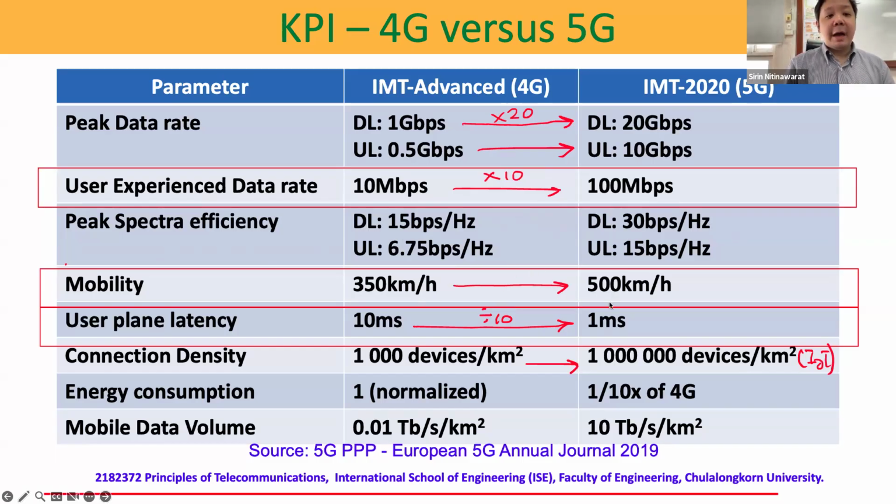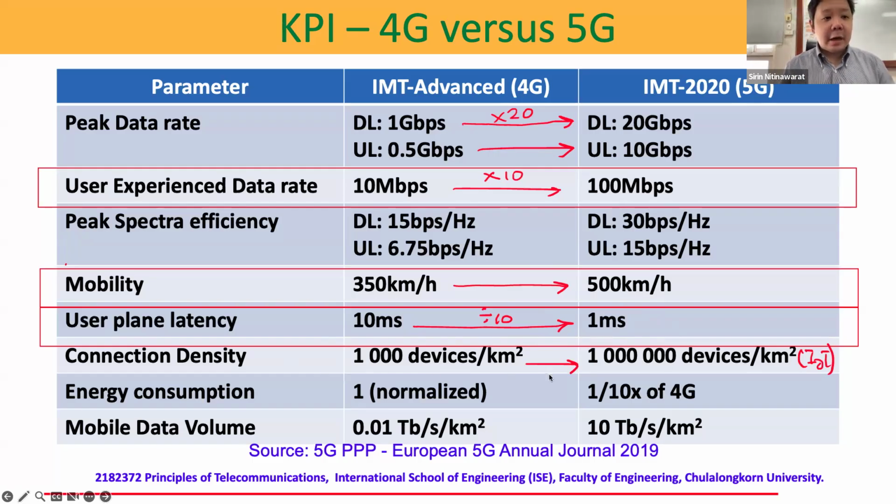Mobility, you can support faster users. Latency, again, the canonical target is to go down to 1 millisecond. You don't always get to 1 millisecond in all cases, but eventually we want the new network to be able to support important use cases requiring latency at the level of 1 millisecond.